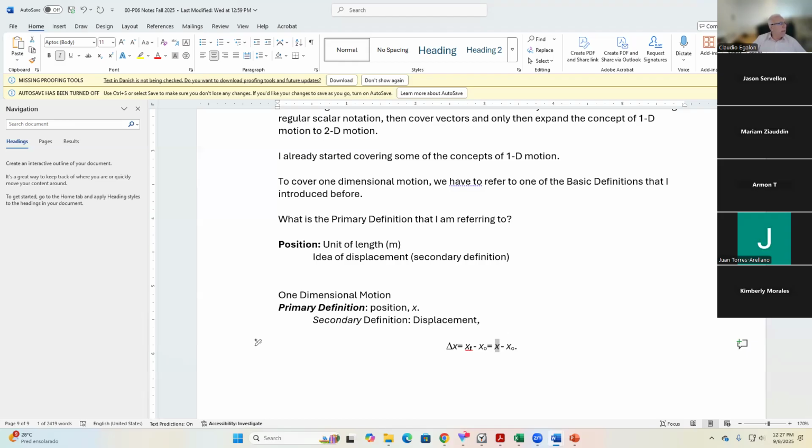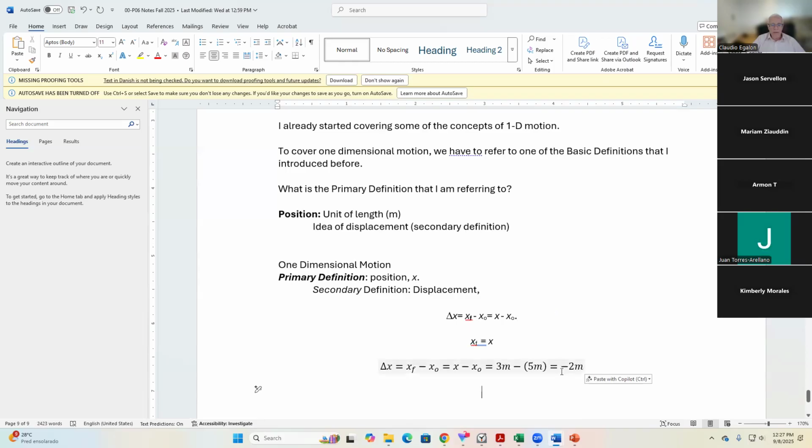That's what we did here. xf is equal to x. And here is the example that we did before. The object going from a position of 5 meters, which was the initial position, to the final position of 3 meters. Okay.